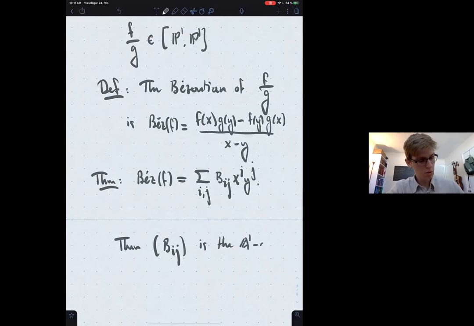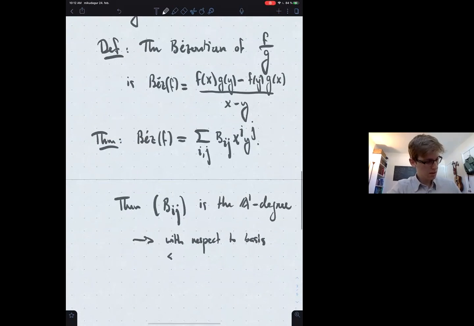Now there's two pieces of the A1 degree that we have to talk about. The bilinear form represented by this matrix over the basis 1, x, x squared, and so on, up to whatever power.